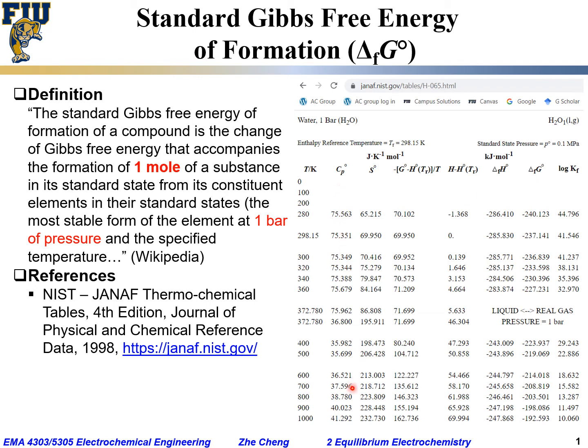Of course, in this table you find some other information, such as Cp, the heat capacity under constant pressure at standard pressure at different temperatures; S0, the entropy for 1 mole of the substance at different temperatures at 1 atmosphere; and ΔfH°, which represents the enthalpy change of formation for this same material at different temperatures.